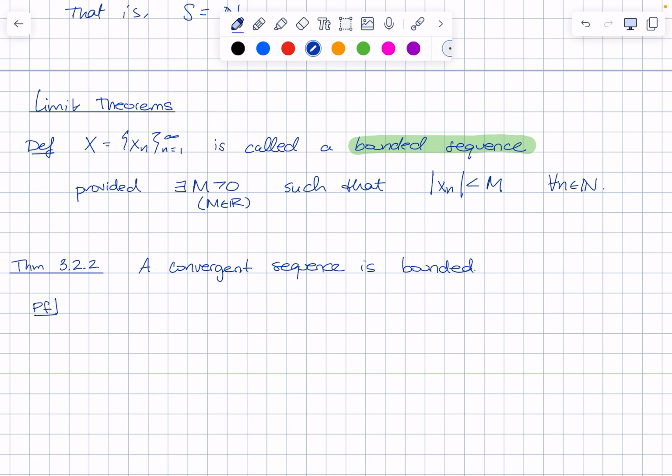Okay. So the first thing we know is we have a convergent sequence. So suppose xn is a sequence converging to, let's say, x is our limit.